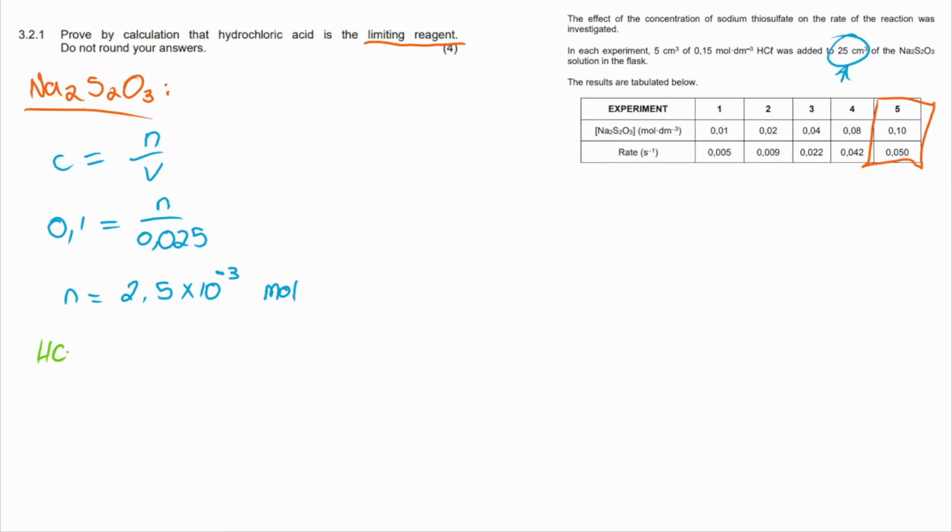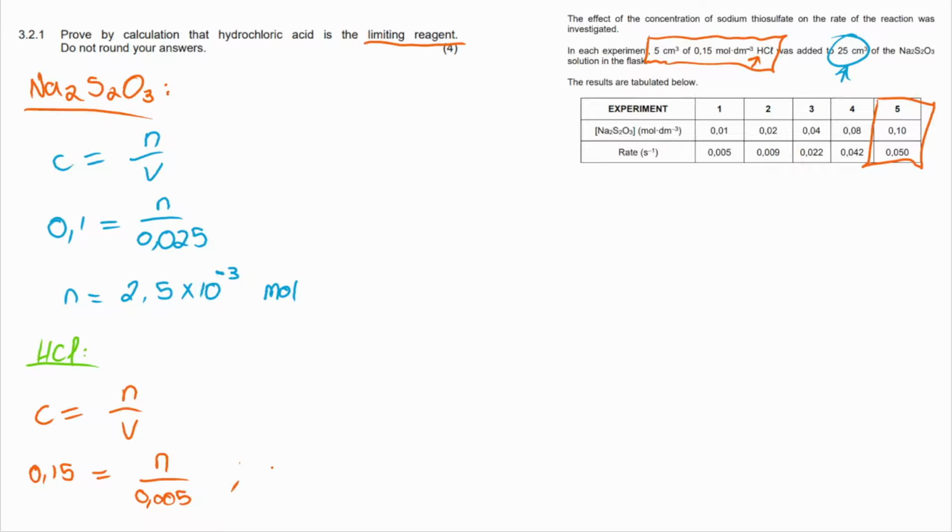We now need to find the moles of hydrochloric acid. Very much the same thing. C is n over V. We know the concentration of hydrochloric acid, it's kept constant in each reaction, and here we have its volume, so that information was given here for HCl.